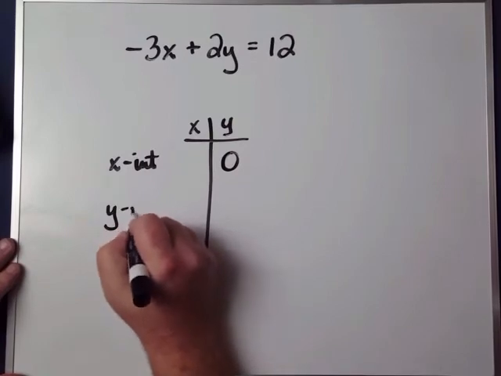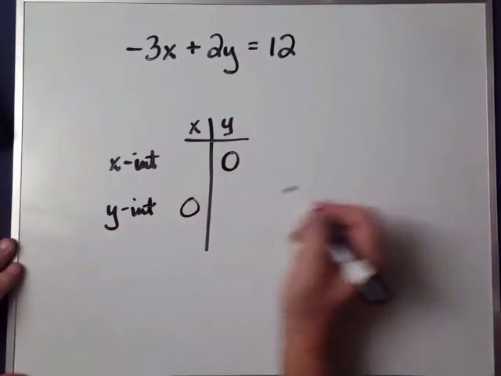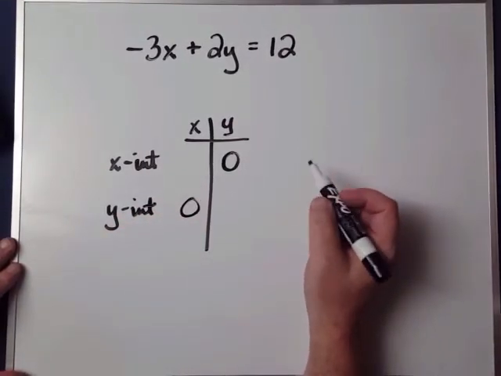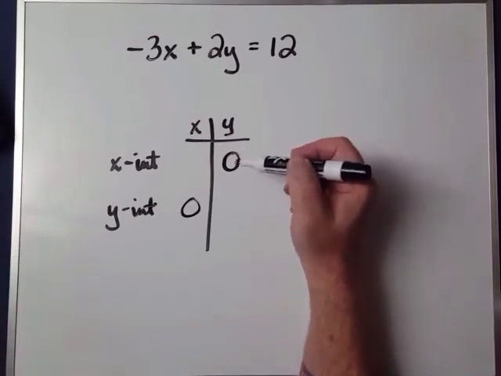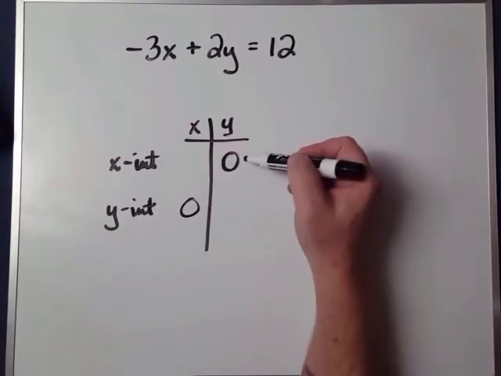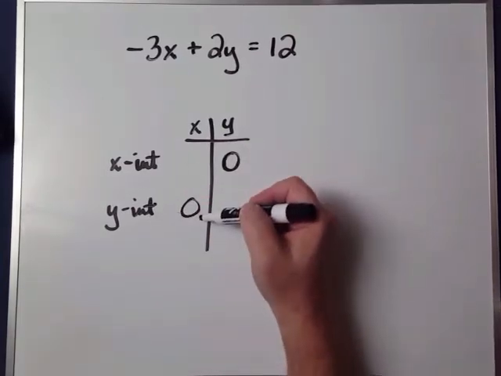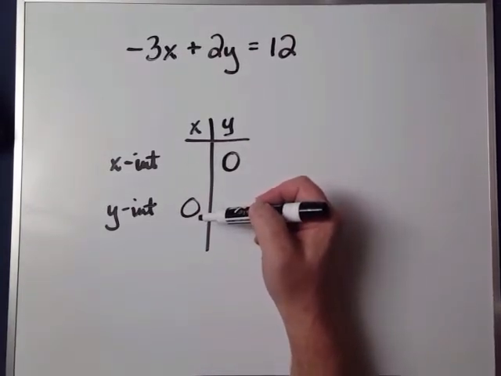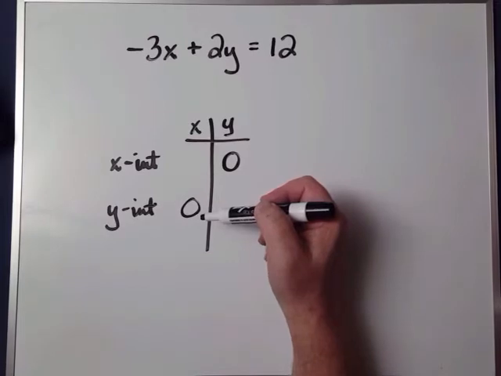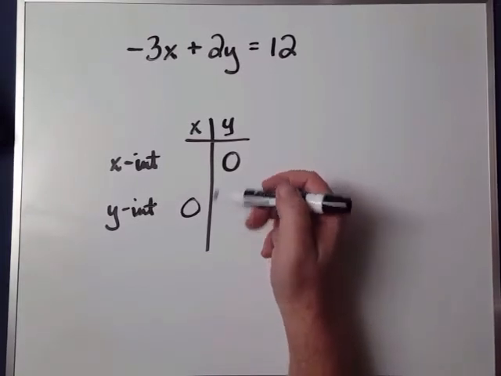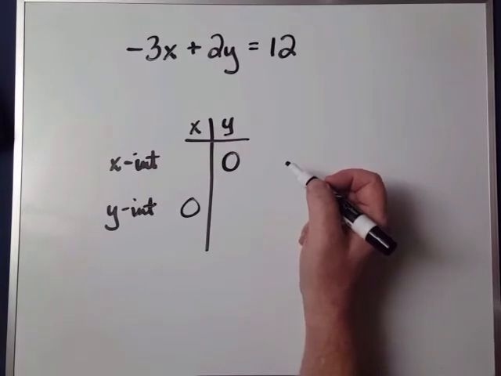And we find the y-intercept by letting x be 0. Because I know that a point on the x-axis will have a y-coordinate of 0. A point on the y-axis will have an x-coordinate of 0. And this goes back to our blue box on page 214, where she describes how to find these intercepts.